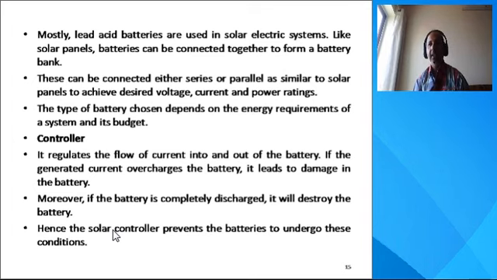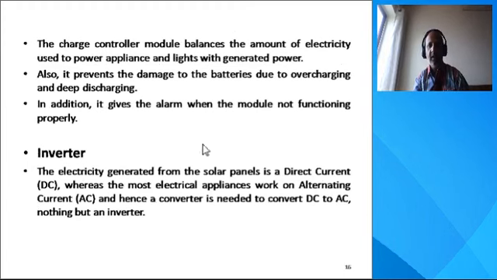In that case, the controller protects the battery from damage. In addition, it also gives an alarm if the module is not functioning properly.